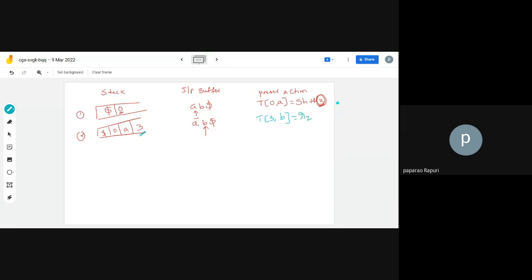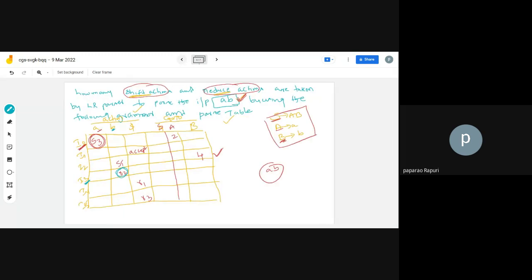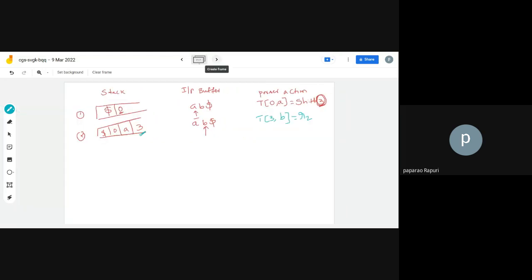R2 means production 2. This is production 1, this is production 2, and this is production 3. Here R2 means the second production, R1 means the first production, R3 means the third production. So here we need to reduce by R2.